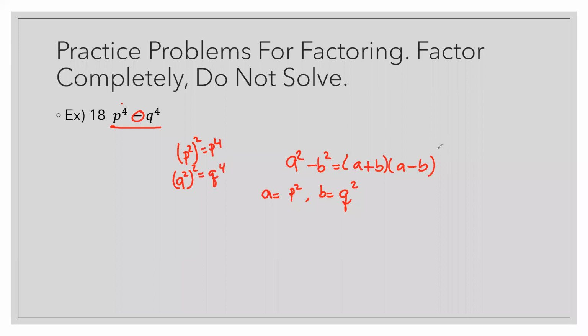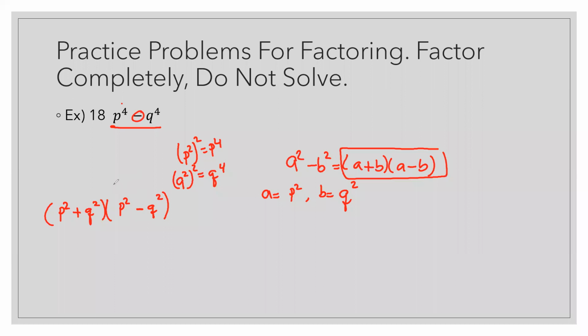Okay, so now just make it look like the right. So it's A plus B, so it's going to be p squared plus q squared, times p squared minus q squared. Now, can this be factored even more? Because we want it completely factored.